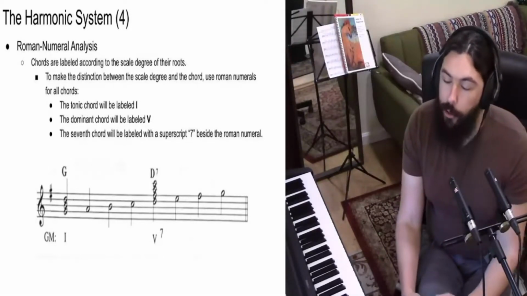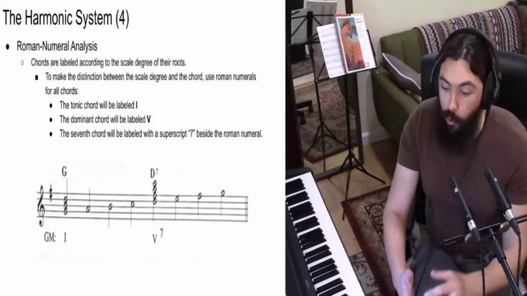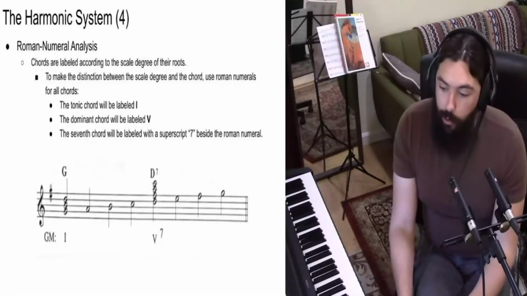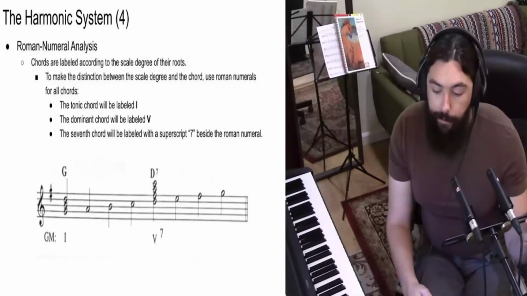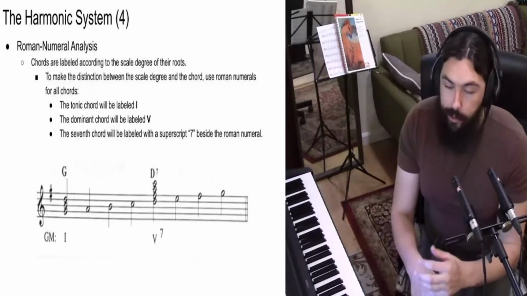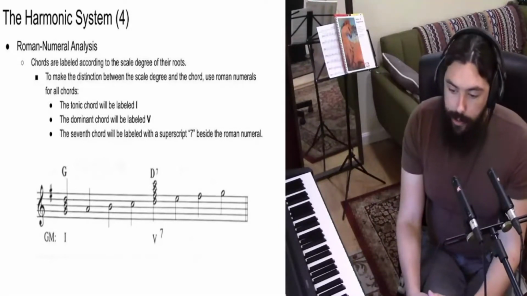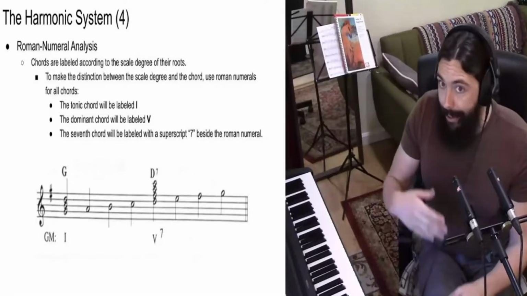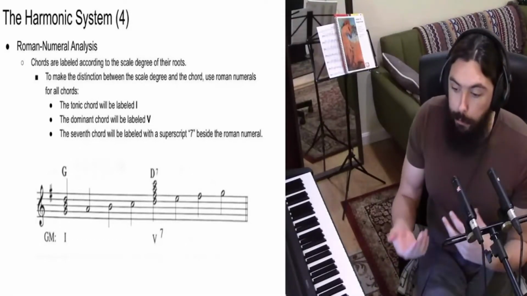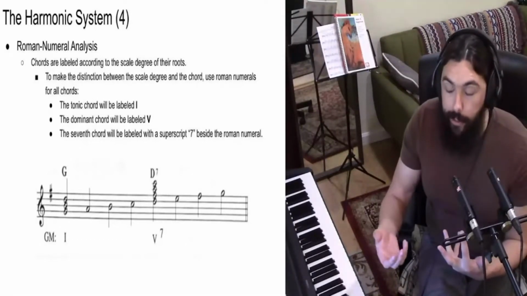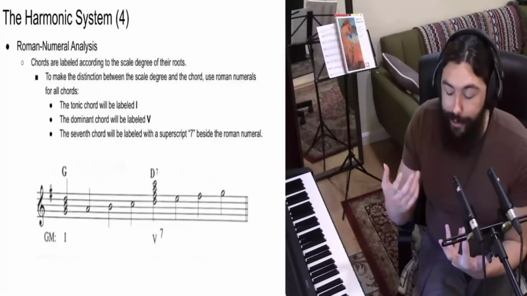So the tonic chord might also be referred to as a 1 chord. And the dominant chord will be labeled a Roman numeral 5, which looks like a V, as you can see here on slide 4. And if we need a 7th chord, we're just going to put a little superscript 7 next to the Roman numeral.